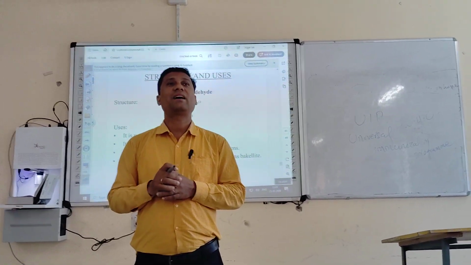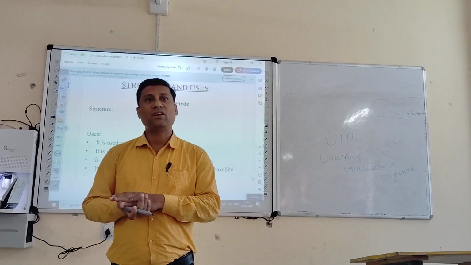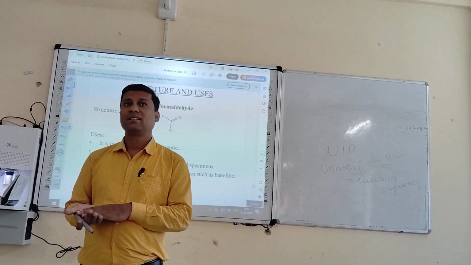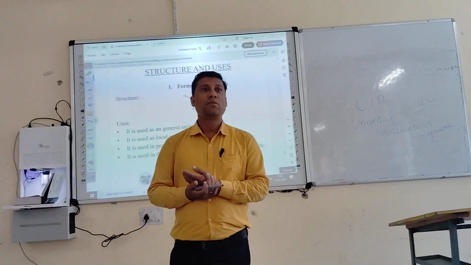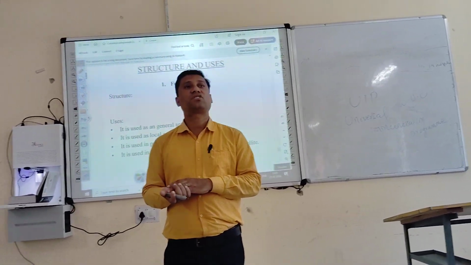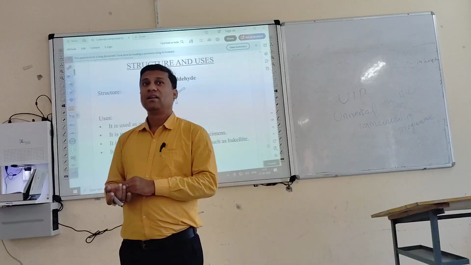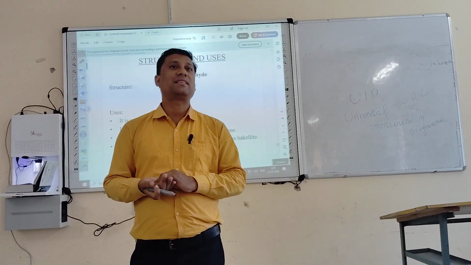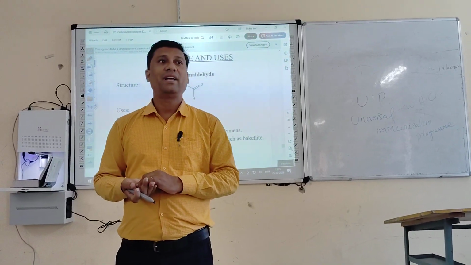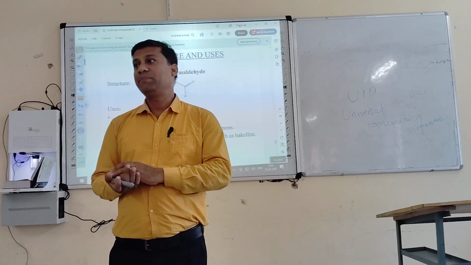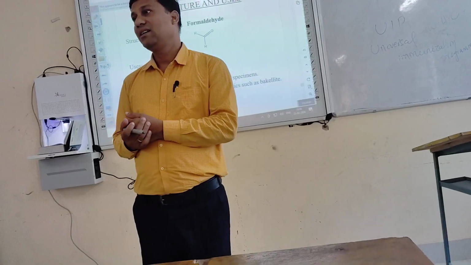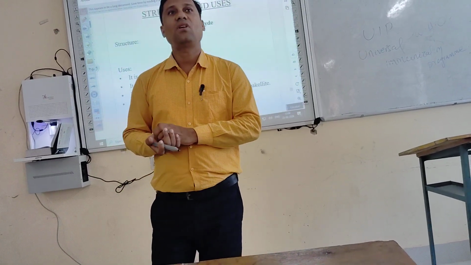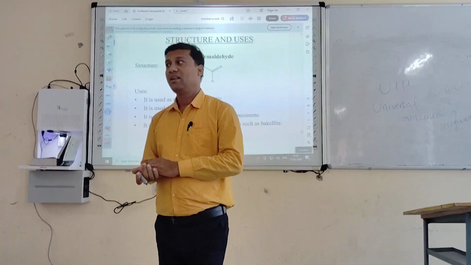The local anesthetic is used for minor surgery, but the general anesthetics are used for major surgery, open heart surgery, any type of organ transplantation. What is the definition of general anesthesia? Reversible loss of consciousness.